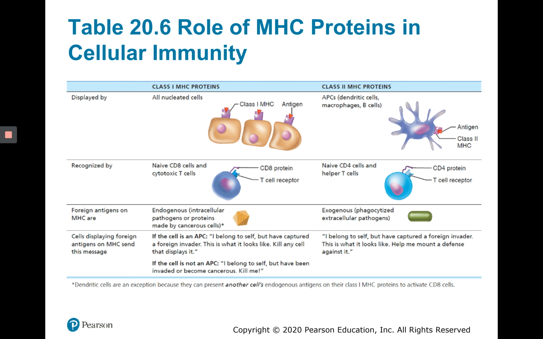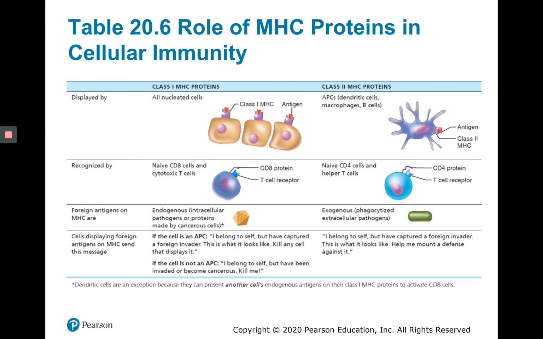And this is what it looks like. So kill any cell that displays it. So what that's saying is if an antigen-presenting cell displays a foreign antigen on a class 1 MHC, it is saying, I caught a foreign thing, please kill anything that looks like it.